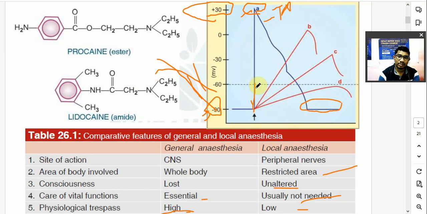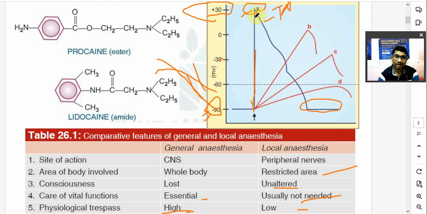After that, minus 30, meaning it keeps increasing. Minus 30 is higher than minus 60 and minus 90. So the nerve potential is increased upon entry of sodium, it will go positive, and this is depolarization, and after depolarization there is a nerve impulse potential.